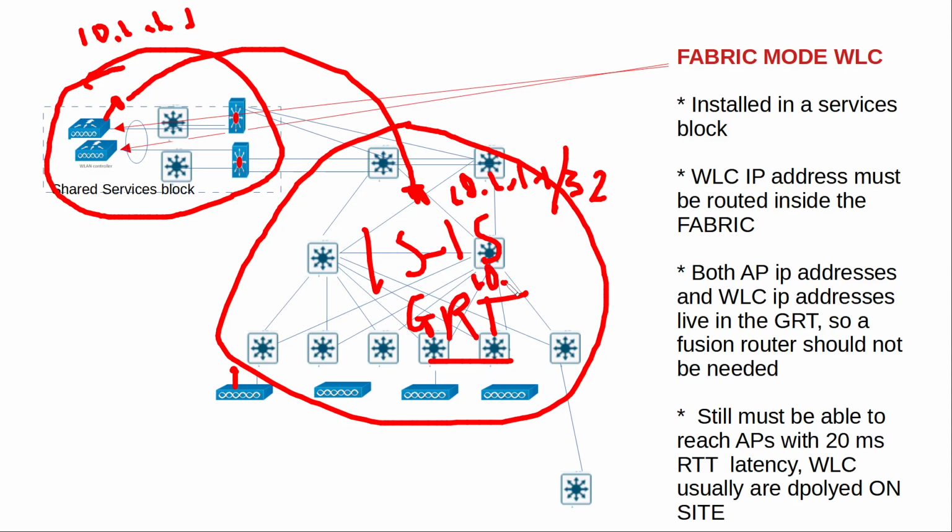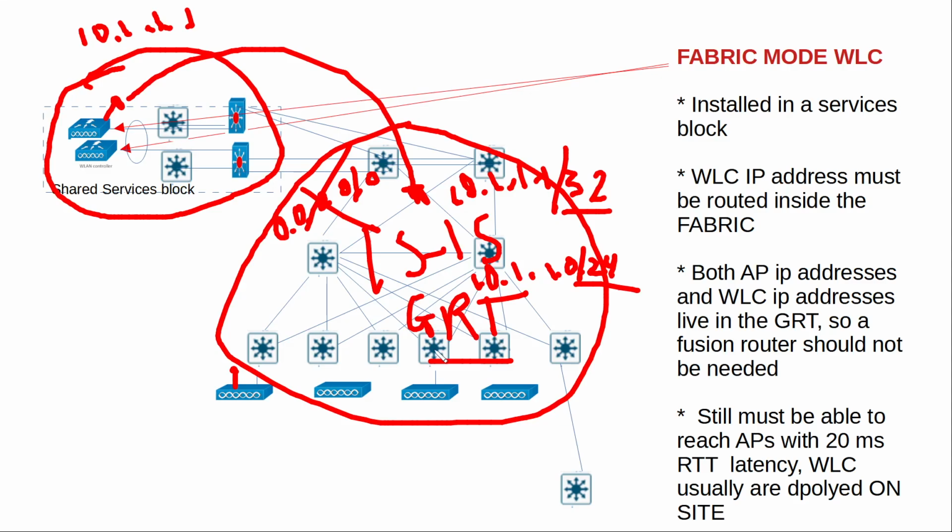You could inject the 10.1.1.0/24, and that will work. You cannot rely on the default network, the default route in order to locate your wireless LAN controller within the fabric. That is not permitted. You need the /32 or a summary network for your wireless LAN controller within your global routing table in your underlay.